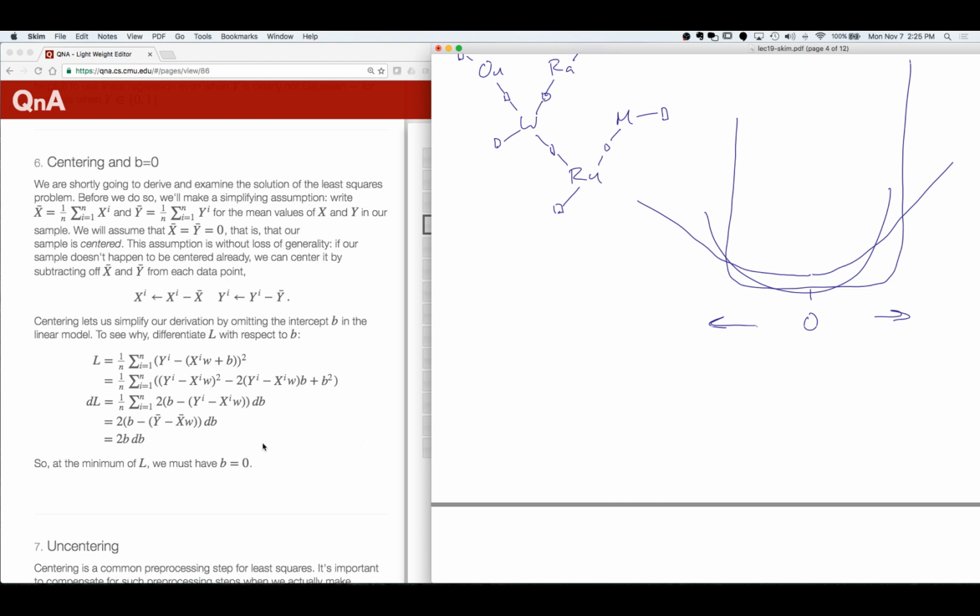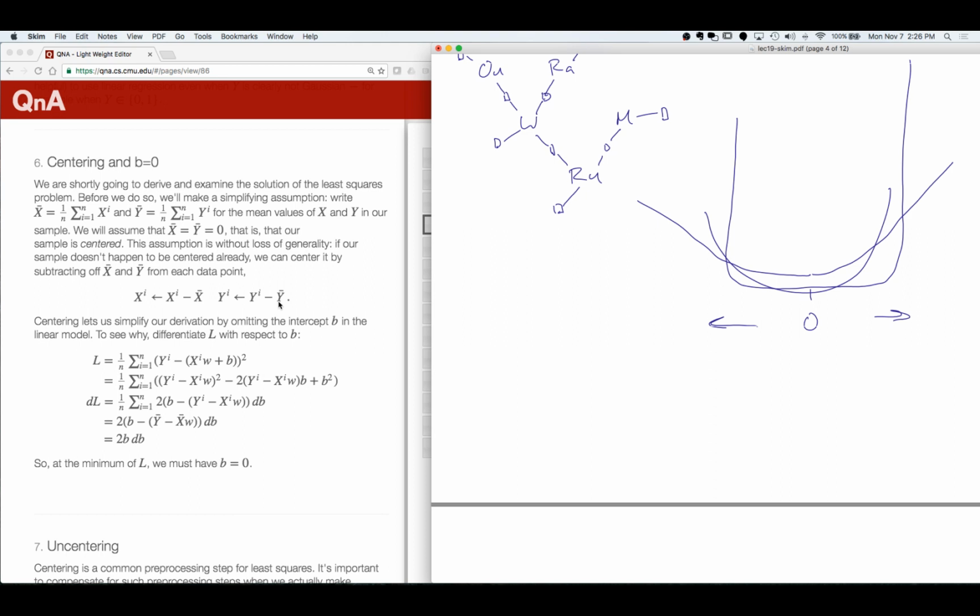Centering just means that the average value of the x's is 0 and the average value of the y's is 0. We can achieve that without loss of generality by subtracting the average value of x from each one of our x's and subtracting the average value of y from each one of our y's. And centering is nice because it lets us avoid having an intercept in our linear regression.